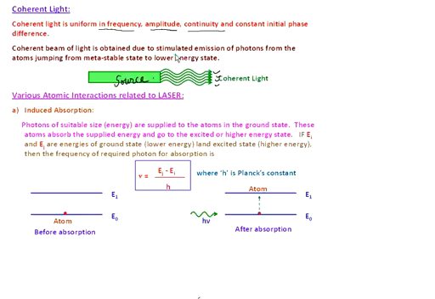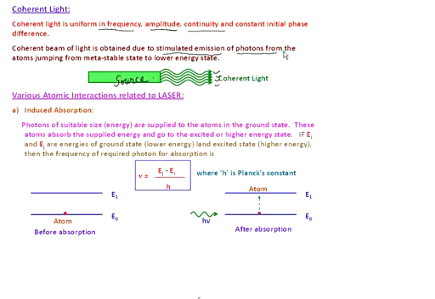The major point is that a coherent beam of light is obtained due to stimulated emission of photons, which we discuss in the next slide, and these are the important processes responsible for the laser light.